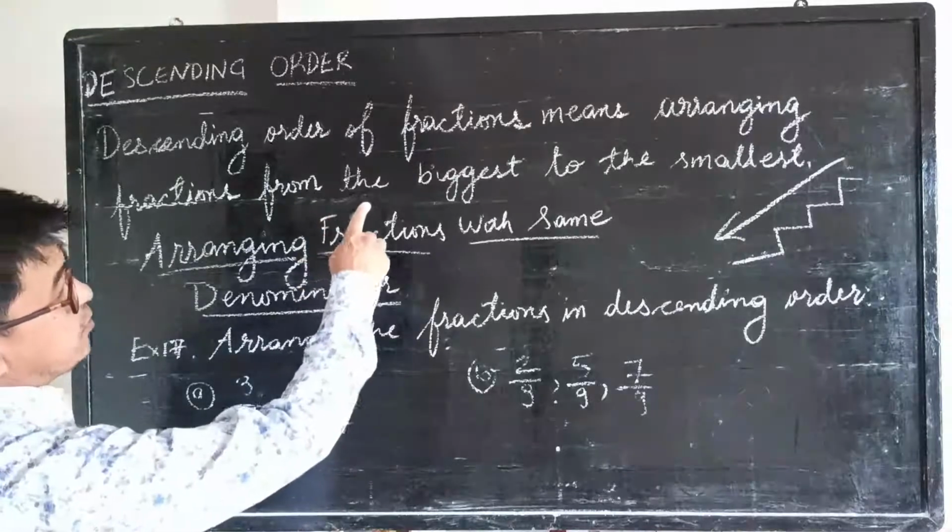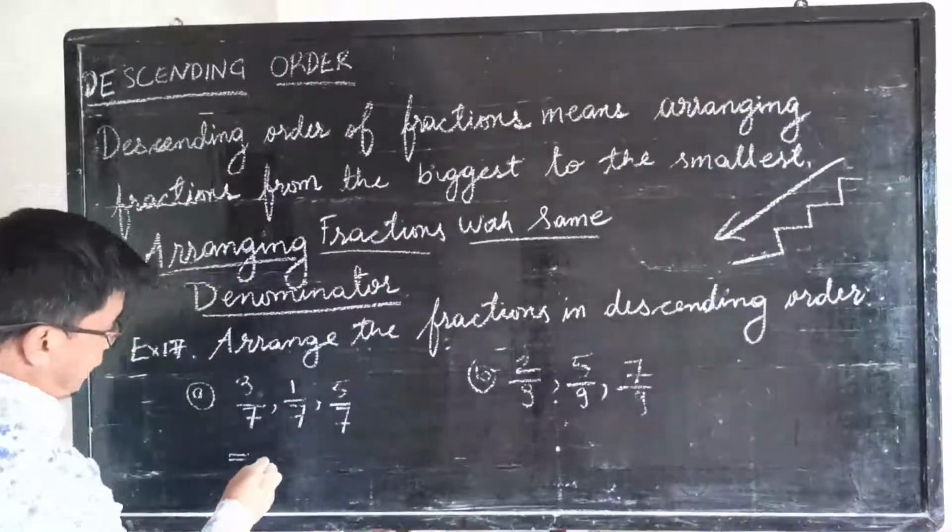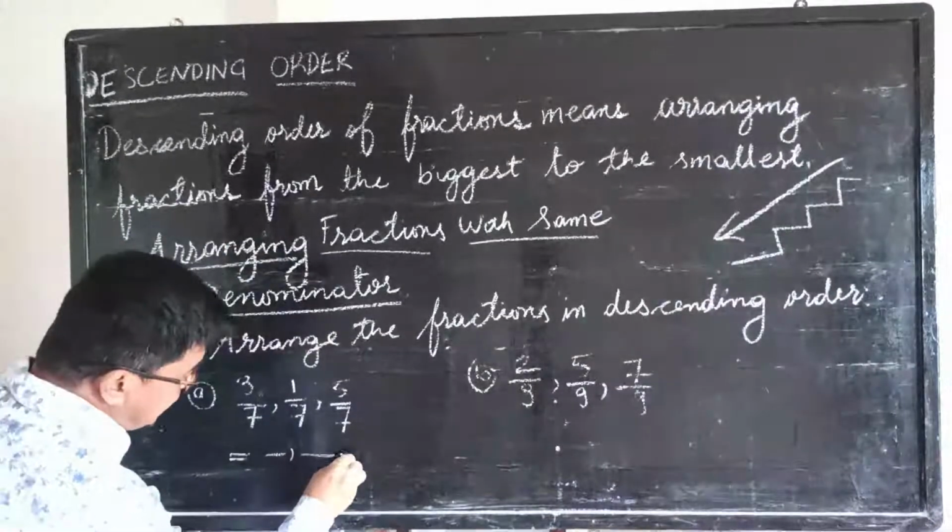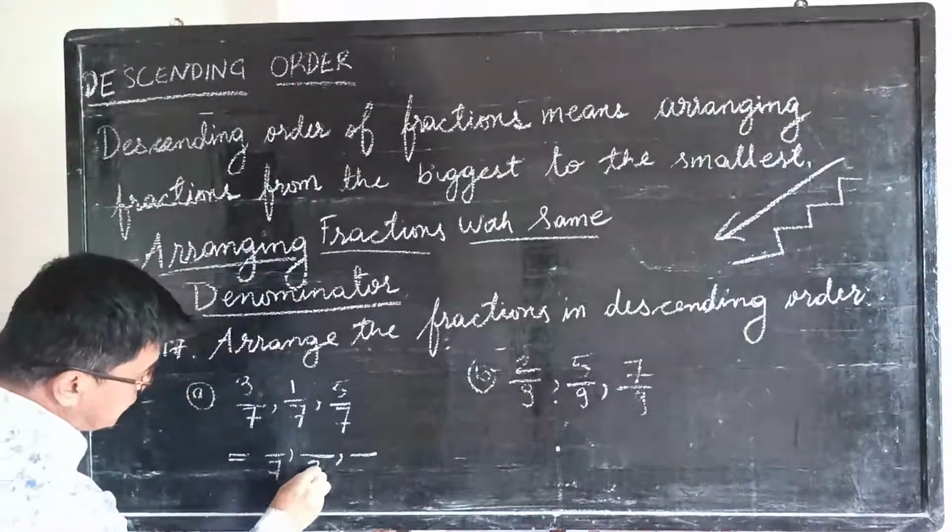Here descending means from big to small, so you write the biggest first. Now the denominators are same, so we write the denominators first.